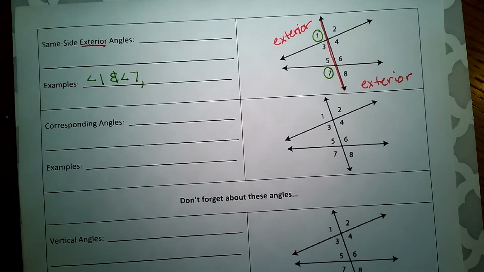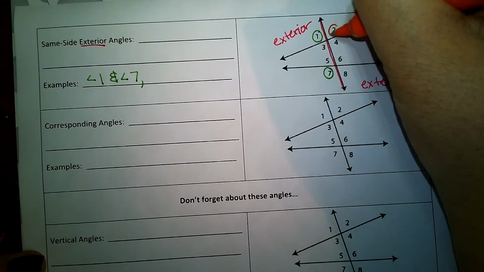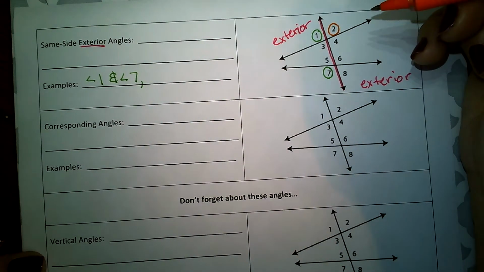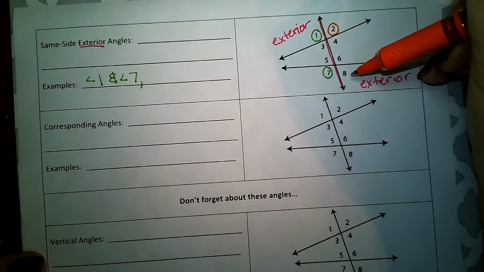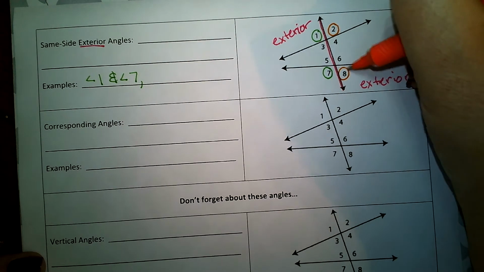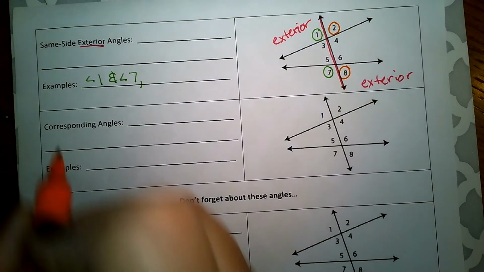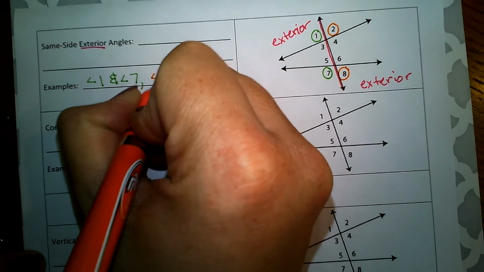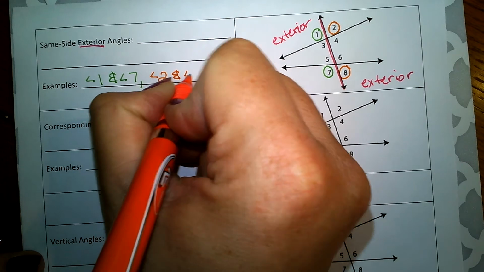How about the right side? We've got angle 2, which is an exterior angle. And if you go to the other exterior on the same side of the transversal, we've got angle 8. So same side would be angle 2 and angle 8.